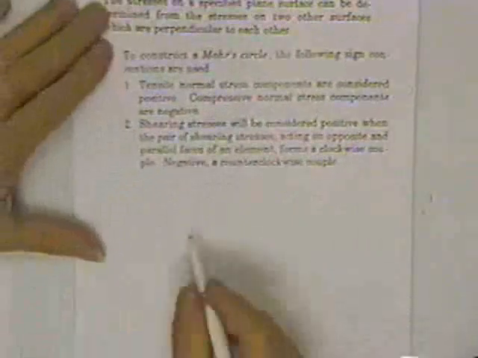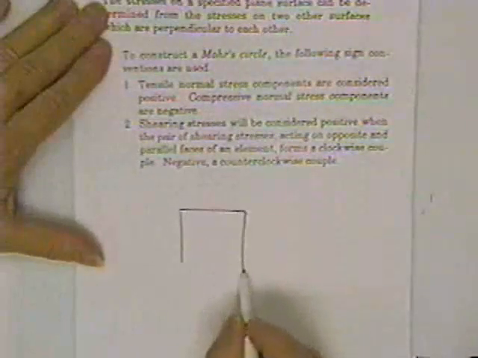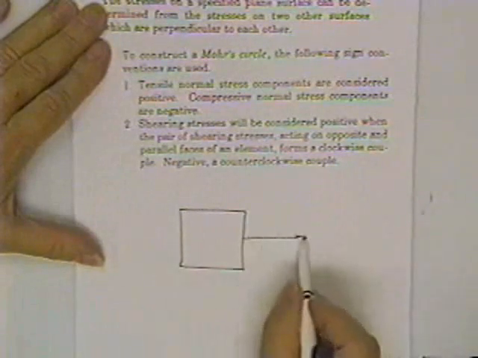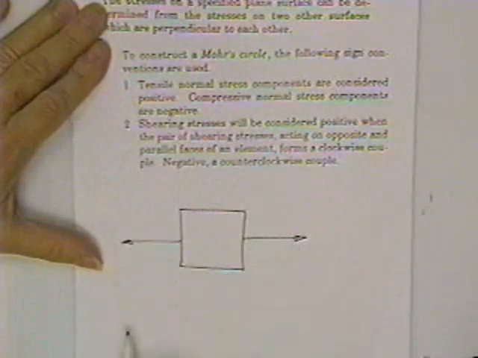But most times, you'll probably have a block that looks like this. Rather than being asked what is the shear on the 30-degree plane, they'll want to know the biggest stresses.